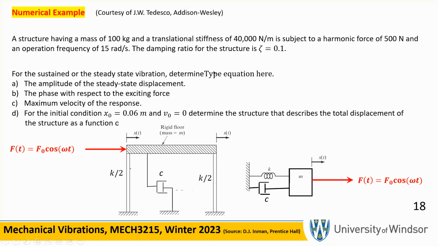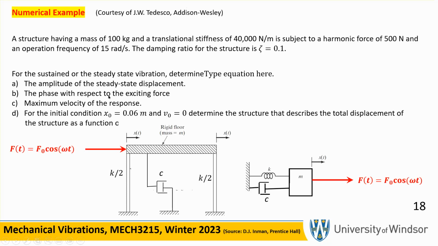This used to be the insert formula from Microsoft Equation Editor, type equation here. Forget it. So here, for the sustained or steady state vibration, determine the amplitude of the steady state displacement. This means the big X, okay?